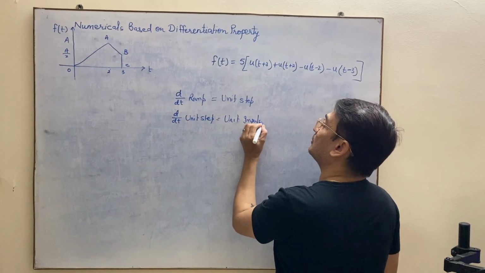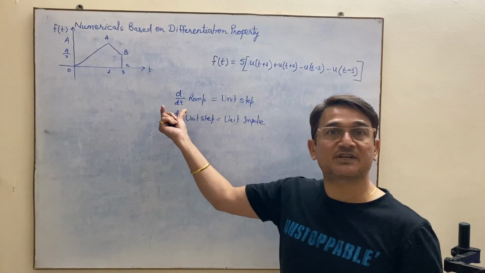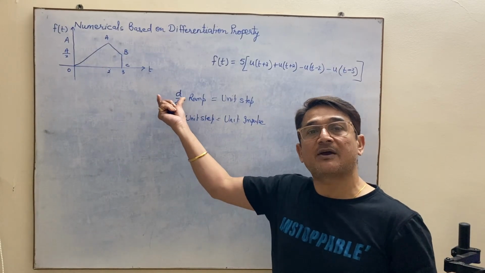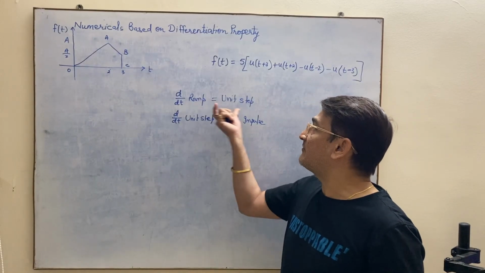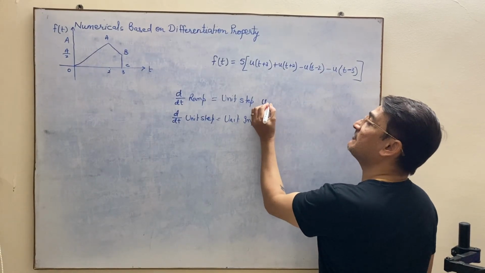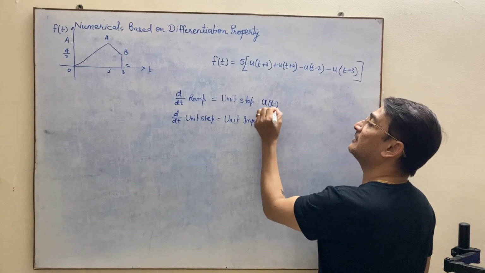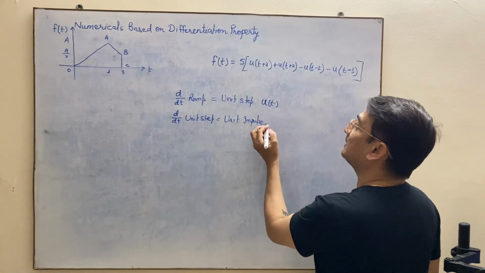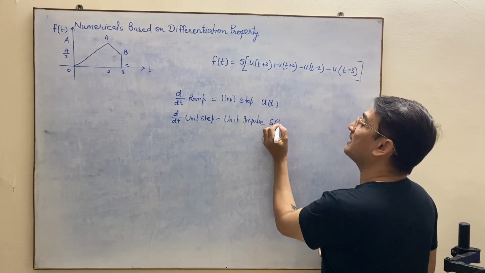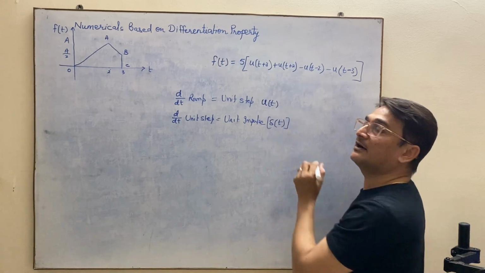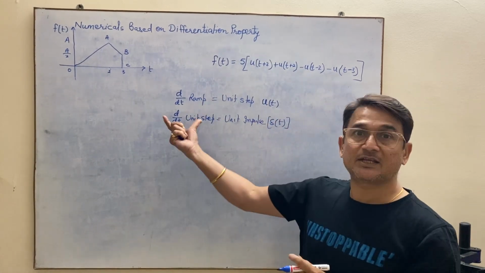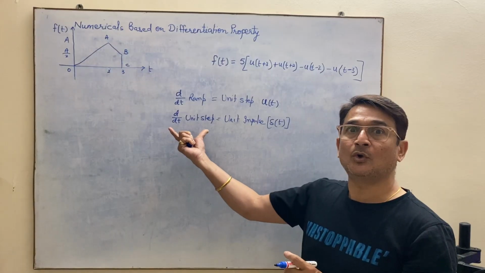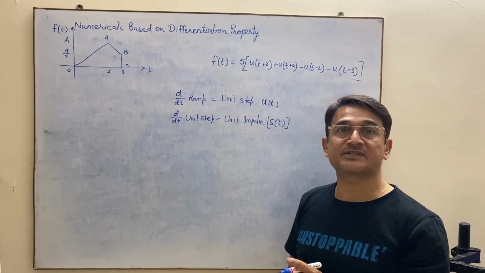So if you have a ramp function in the question, you have to differentiate that ramp twice. First, the ramp will be converted into the unit step function, denoted by u(t), and then u(t) will be converted into delta t, which is a unit impulse function. You need to know this before solving such questions.